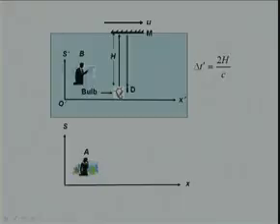I am inside the train, and there is a bulb which emits light. You have a pulse of light, and there is a mirror at a height h, and this is the detector.